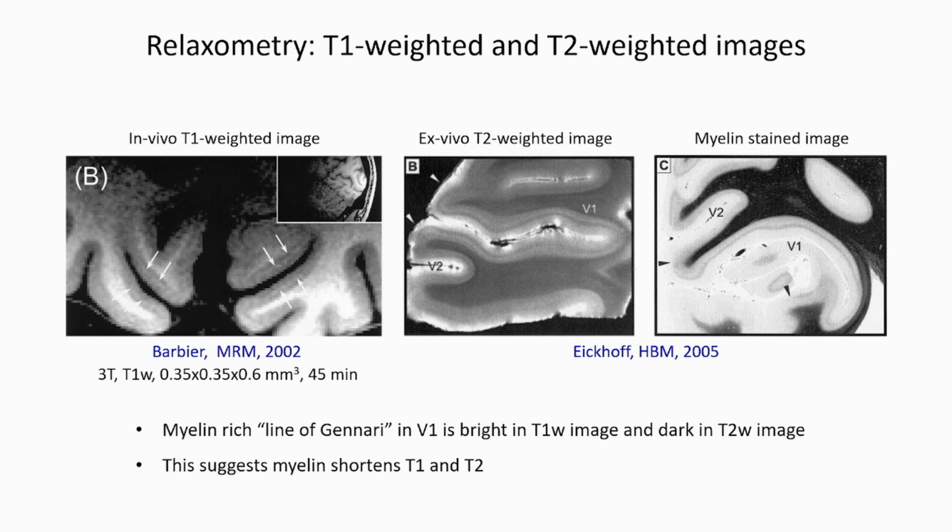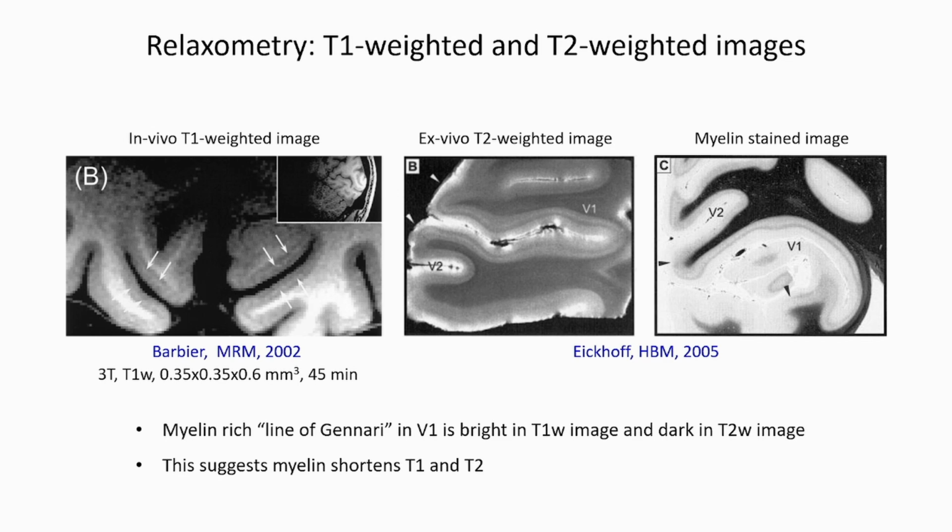Well, if you go to T2, the contrast reverses. So now in the T2 weighted image, the line of Gennari, again a highly myelinated area in the primary visual cortex, has a lower signal intensity compared to the neighboring cortical region.